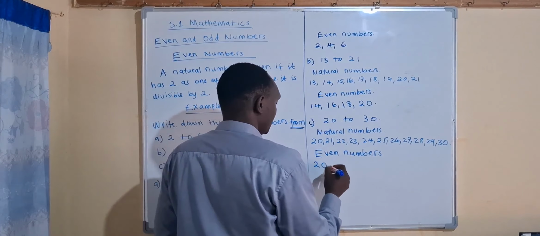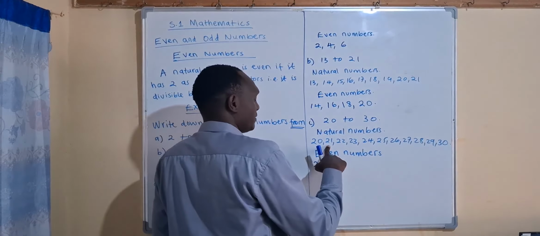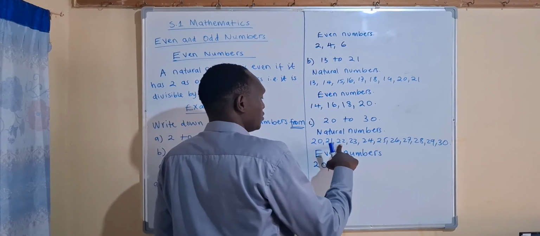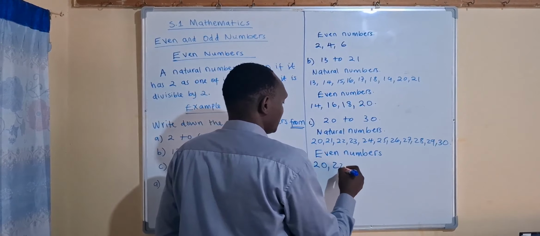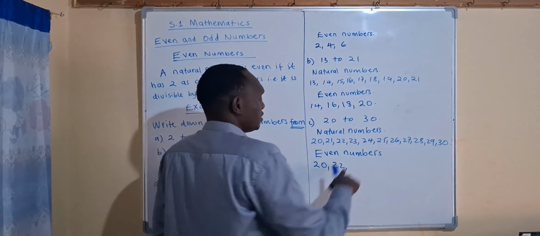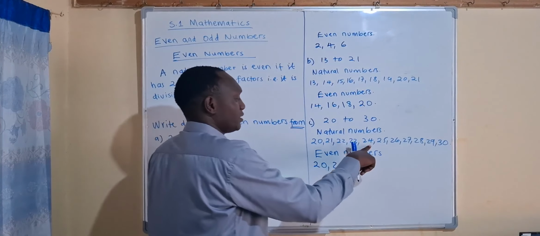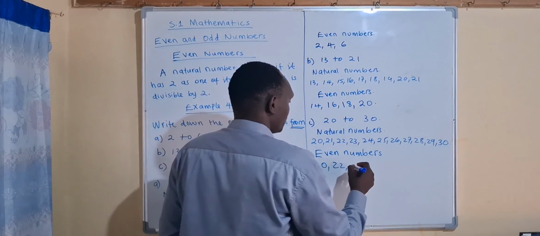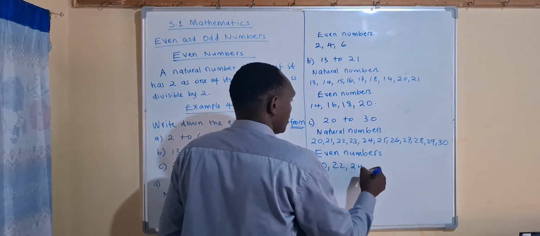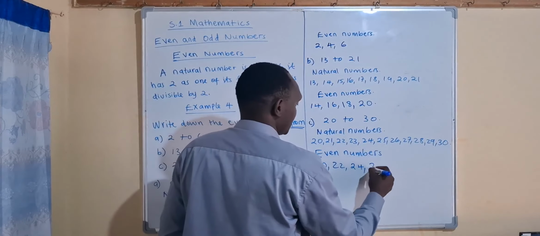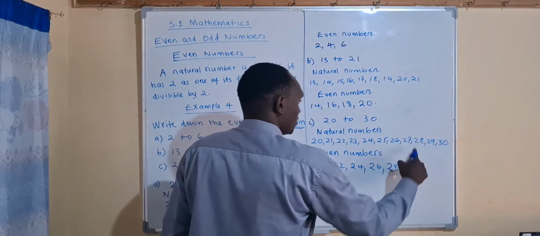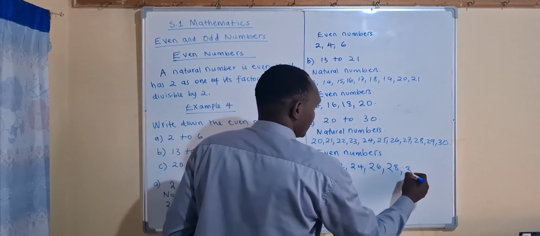So 20 is an even number. 21 is not even because 21 divided by 2 is 10 and the remainder is 1. 22 is even because if you divide 22 by 2, you get 11. 23 is odd. 24 is even because 24 divided by 2, you get 12. 25 is odd and 26 is even. 27 is odd and 28 is even. 29 is odd and 30 is even.